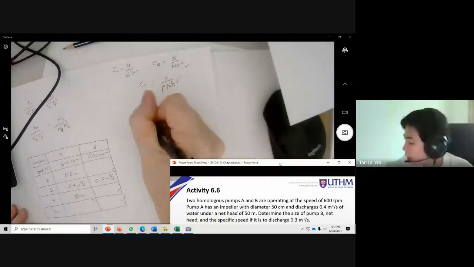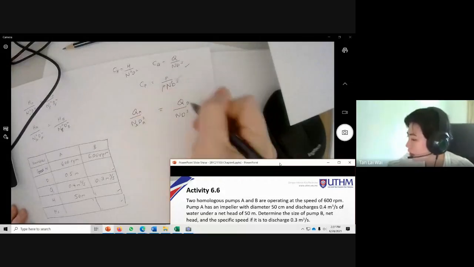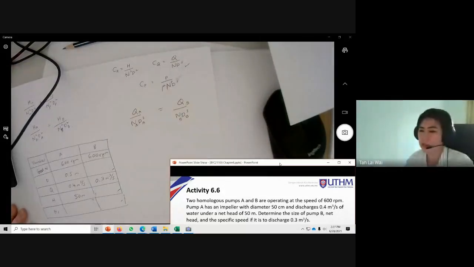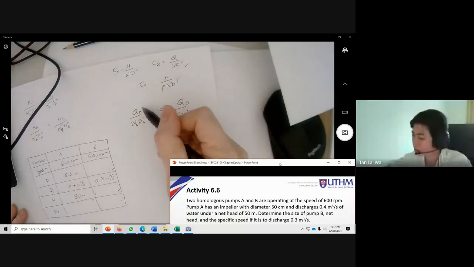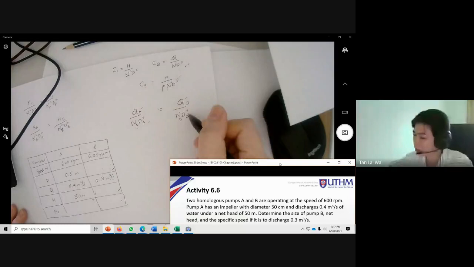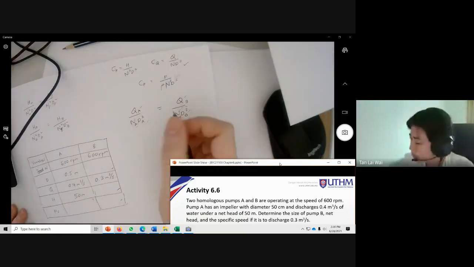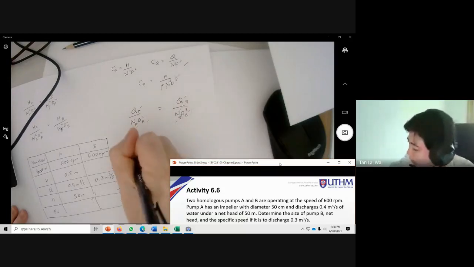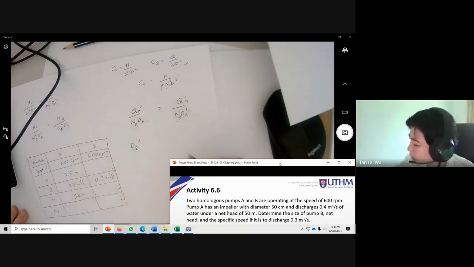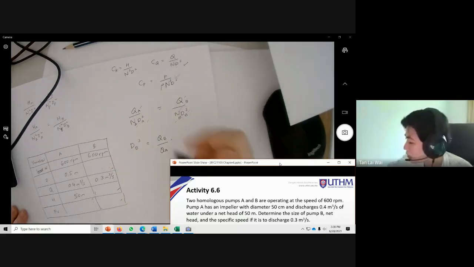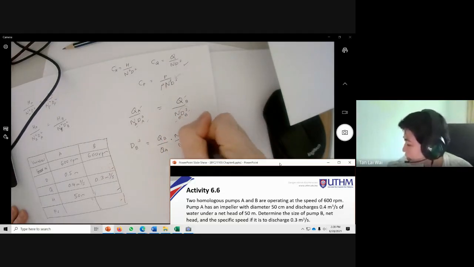So we are comparing pump A and B. The only unknown is dB, the diameter of the impeller for pump B. So I'm going to rewrite this: dB cubic power equals QB over QA times NA over NB times dA cubic power.